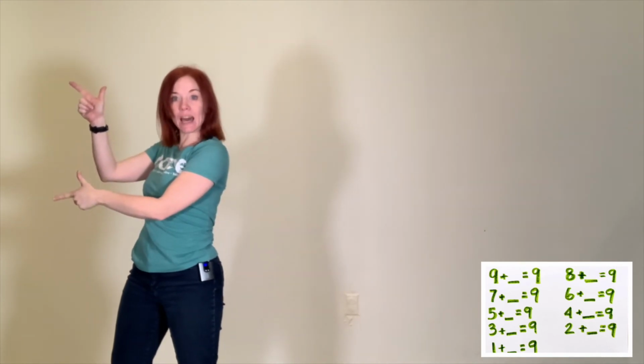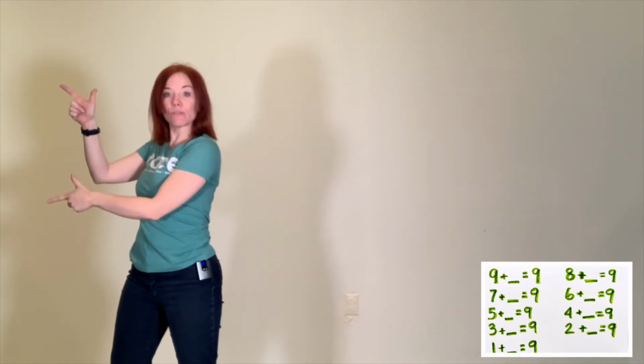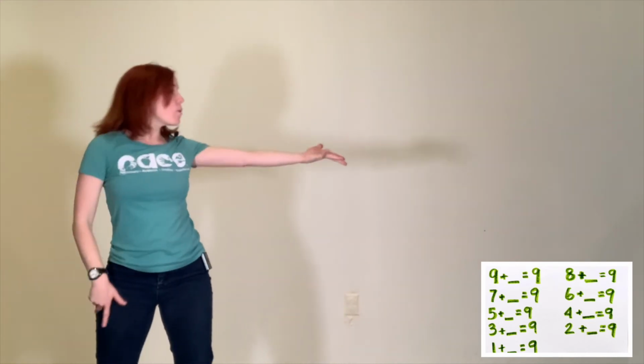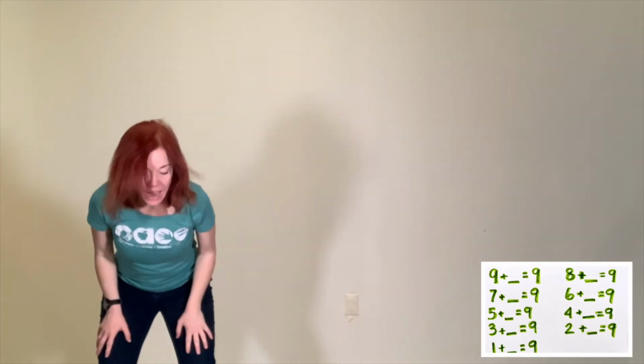How many moves was that? That was 4 moves. 6, 7, 8, 9. Aha, so we know 1, 2, 3, 4, 5 plus 1, 2, 3, 4 equals 1, 2, 3, 4, 5, 6, 7, 8, 9. Wow, great job, boys and girls.